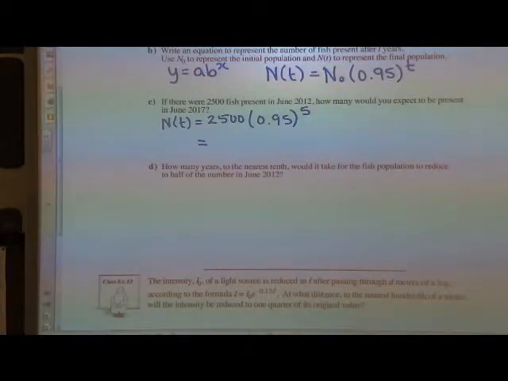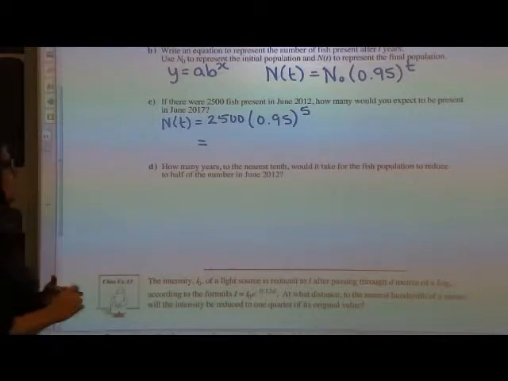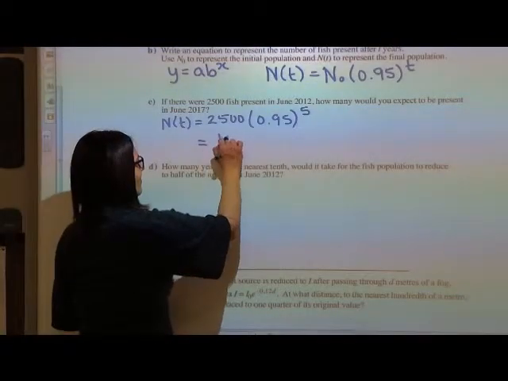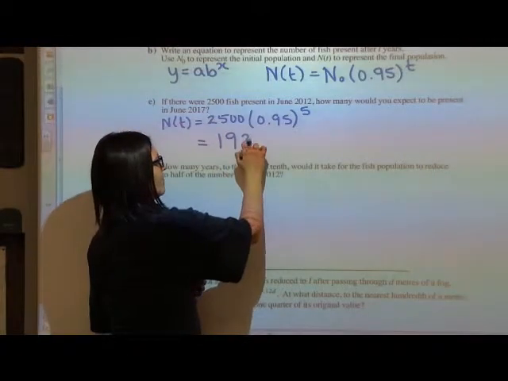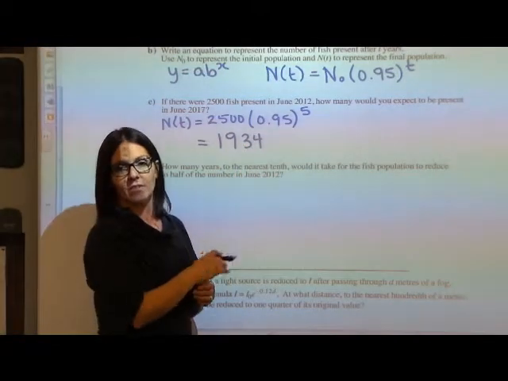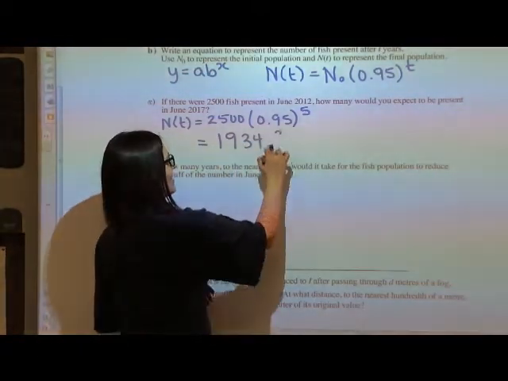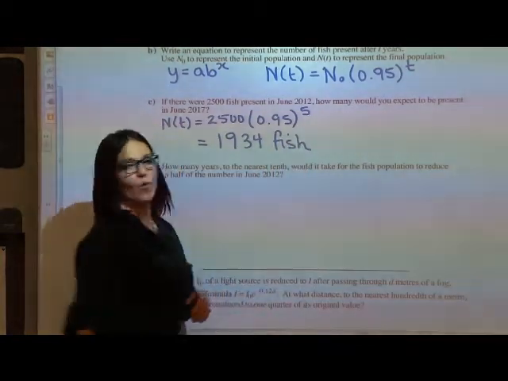How many fish did you get? 1,934.45. So, okay. I can't have 0.45 fish.